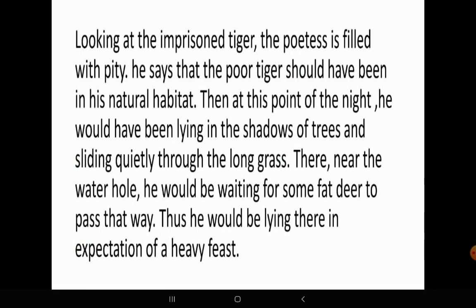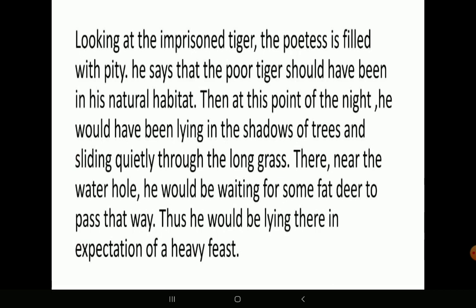This is the explanation of paragraph number 2, which I have just discussed with you. Looking at the imprisoned tiger, the poetess is filled with pity. She says that the poor tiger should have been in his natural habitat, and at this point of the night, the tiger would have been lying in the shadows of the trees and sliding quietly through the long grass.